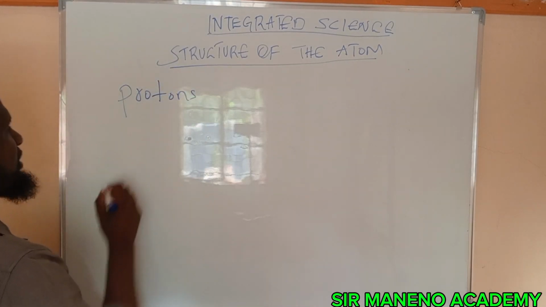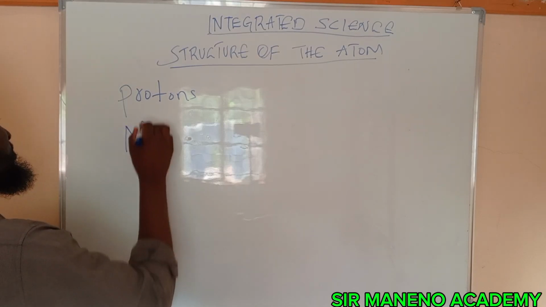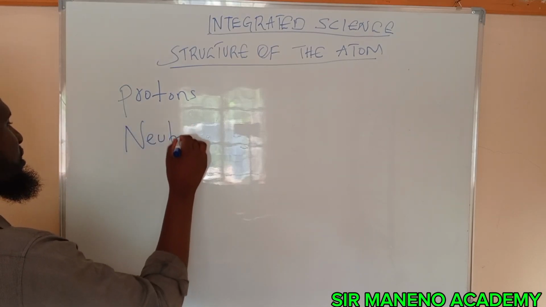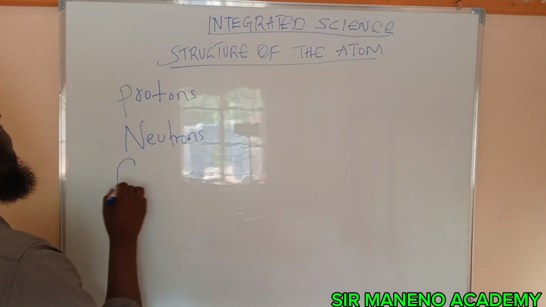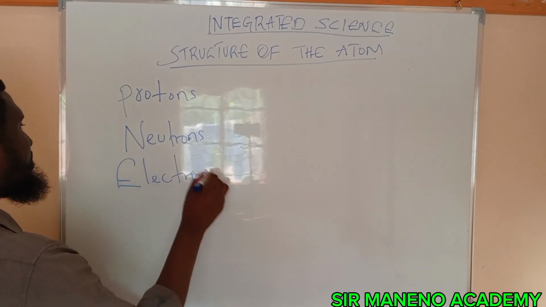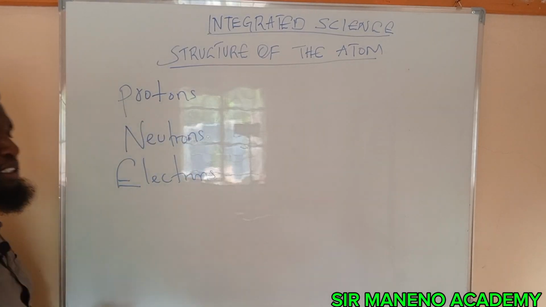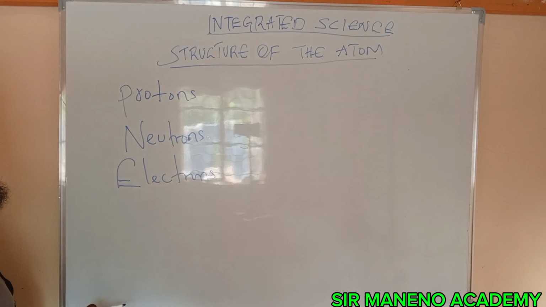These are subatomic particles that are found in an atom. Then we have neutrons. Then we have electrons. Now I want to say that protons have got their symbols.